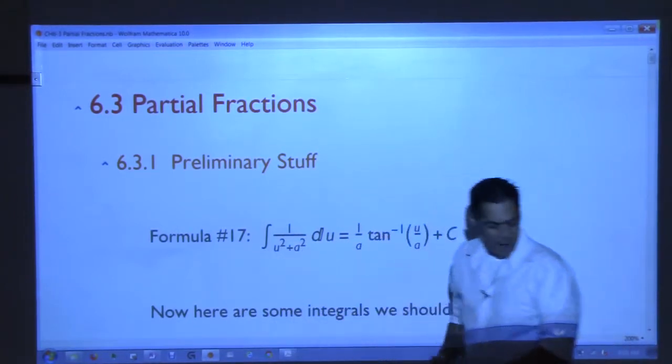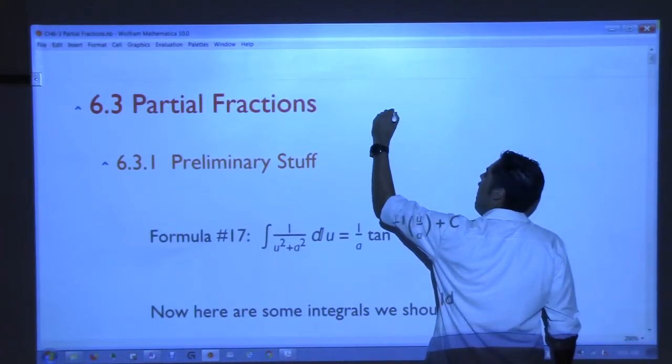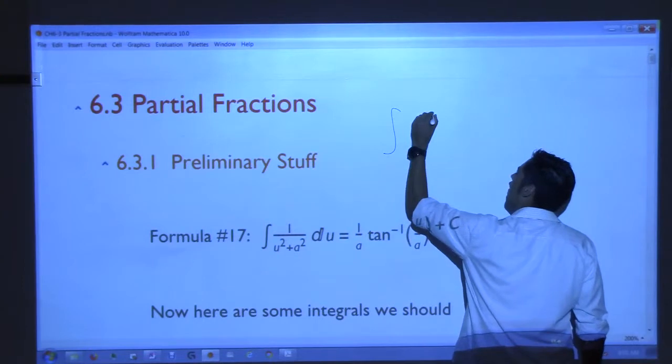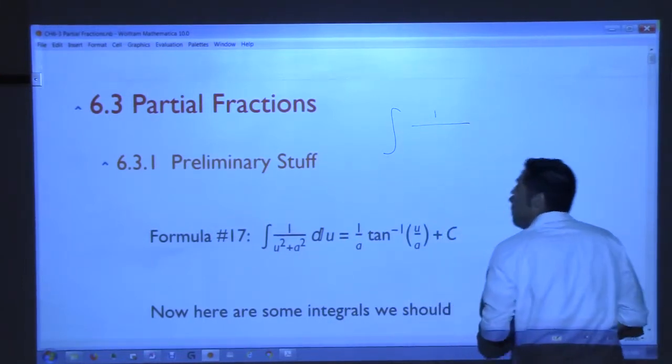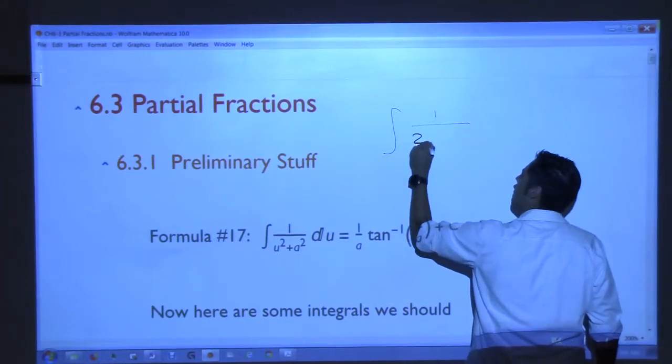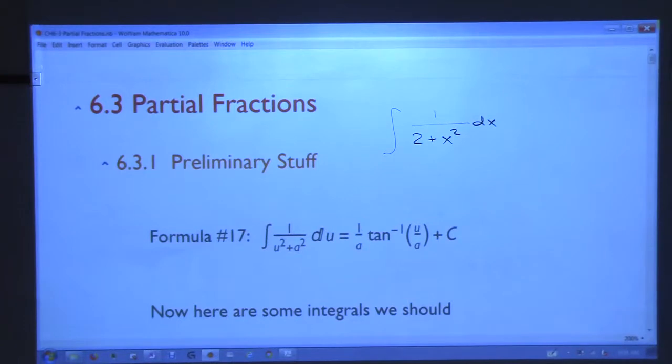All right, so let's use an example real quick to make sure we understand this. What if we have this integral right here?